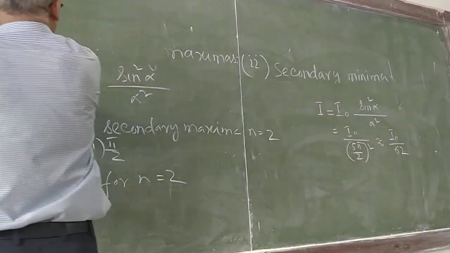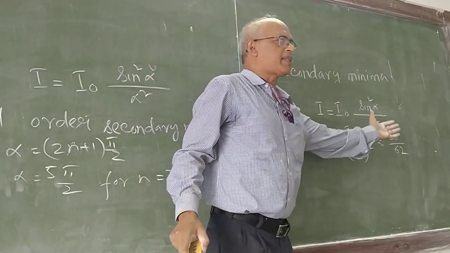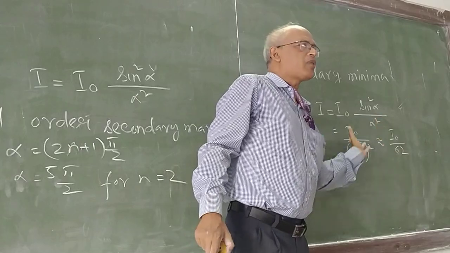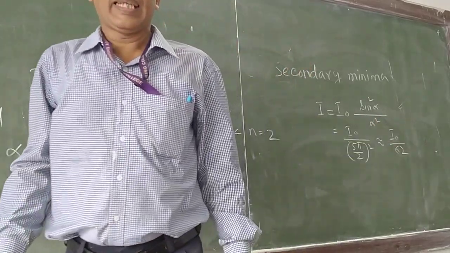Second, there you will get a series of maxima. You can calculate 7 pi by 2 whole square. What is the value? Done.